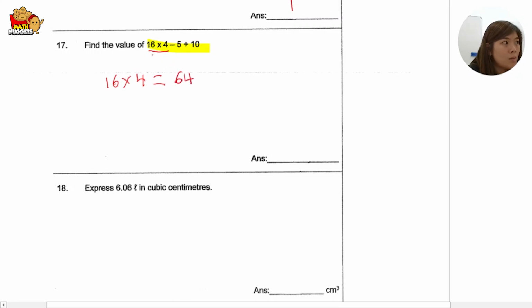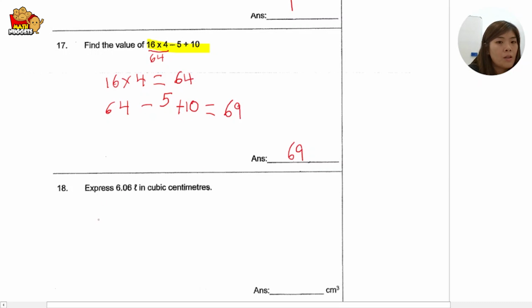After that you take 64 minus 5, then plus 10. It gives you 69. So the answer will be 69.